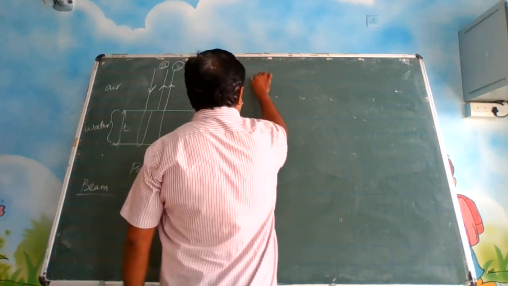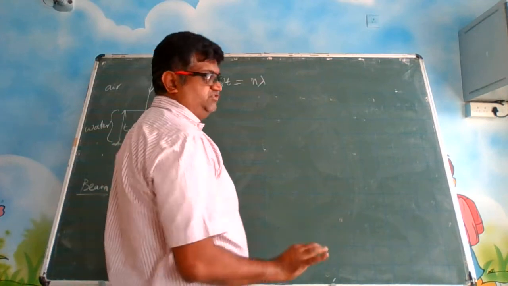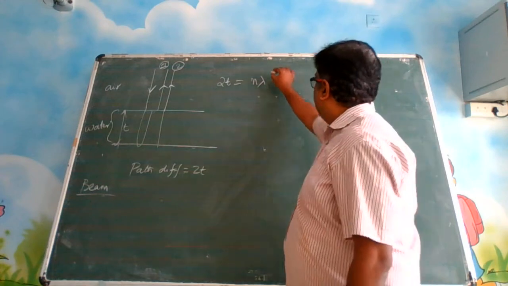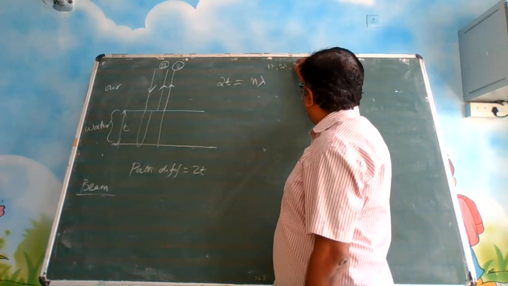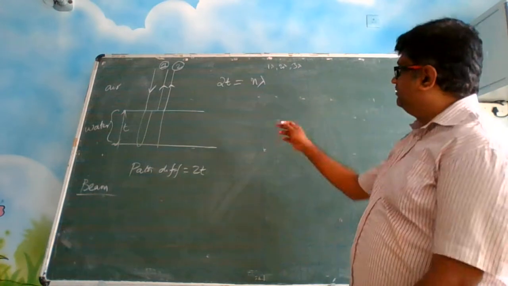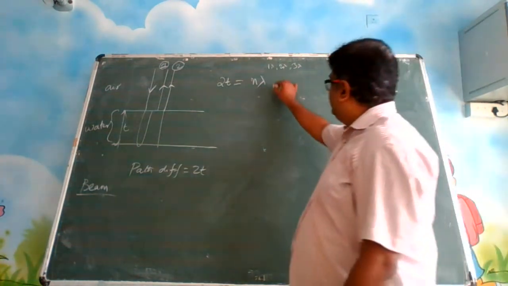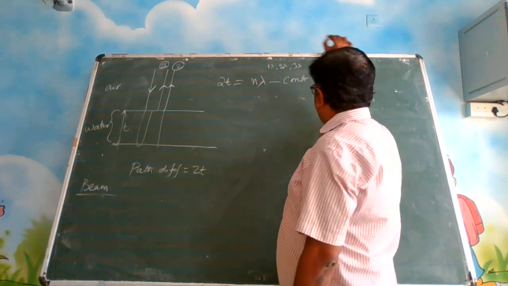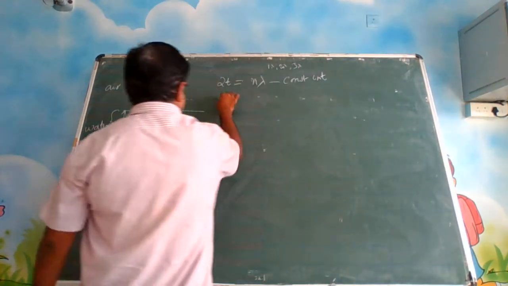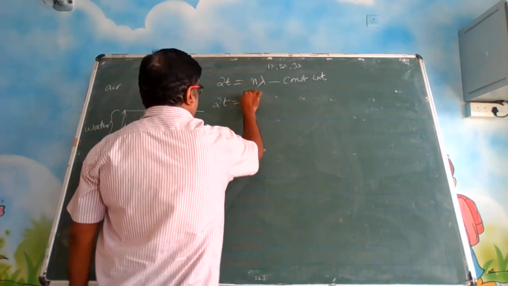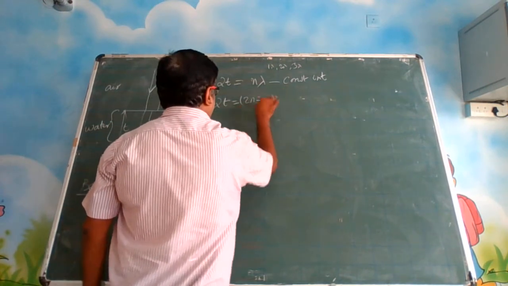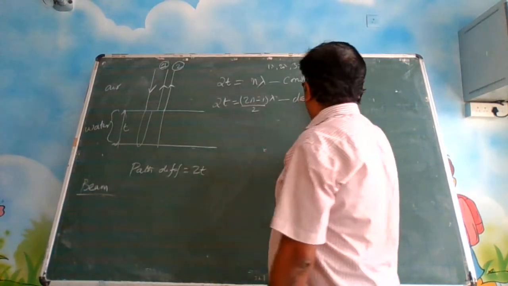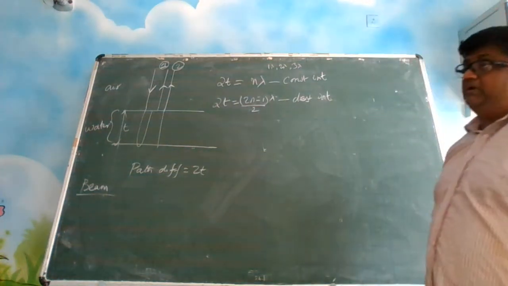If the path difference is an integral multiple of lambda, like 1 lambda, 2 lambda, 3 lambda, you say that it is constructive interference. If 2t is equal to (2n minus 1) divided by 2 into lambda, it is destructive interference. That is what we have learned till now.